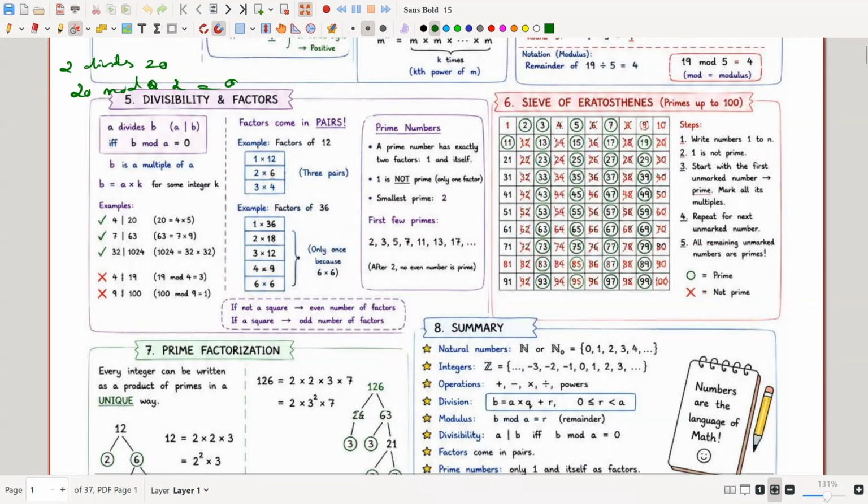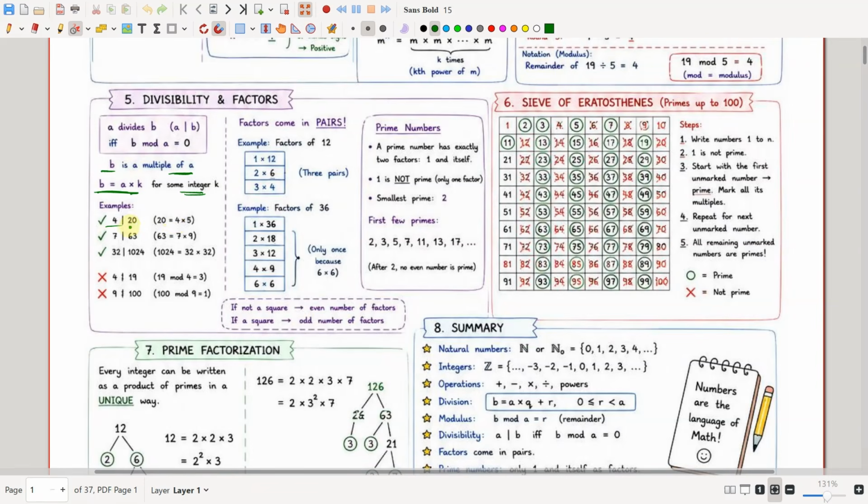This is true, right? So divisibility will be treated like this. A divides B if and only if B mod A is equal to 0. That is, B must be a multiple of A. That is, B is equal to A into K for some integer K.